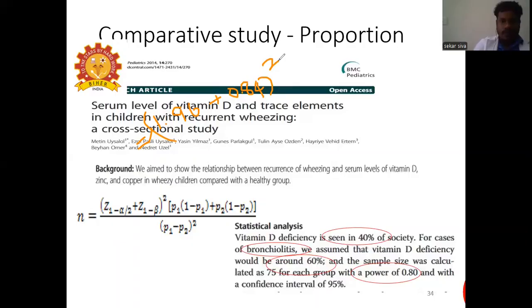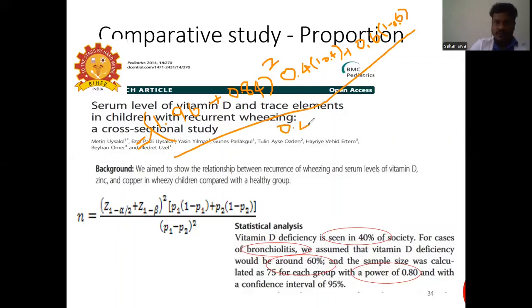So the whole square, that is P1, the vitamin D deficiency in 40% of society, that is 0.4 into 1 minus 0.4, plus the proportion of group 2, that is 60%, 0.6 into 1 minus 0.6, that is 0.4, divided by P1, 0.4, minus 0.6, the whole square.